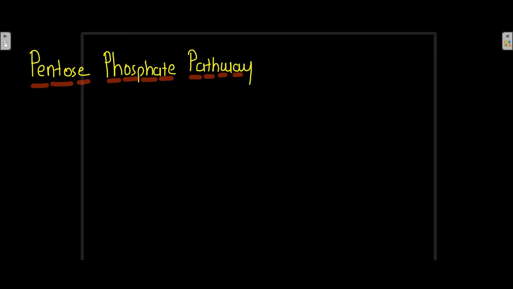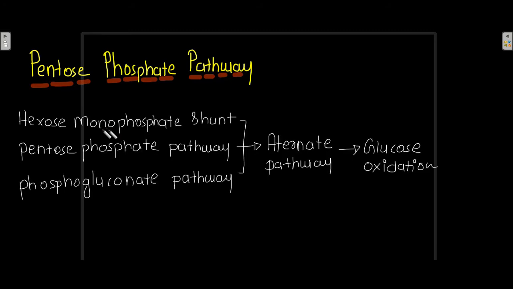Pentose phosphate pathway. This hexose monophosphate shunt, or pentose phosphate pathway, or phosphogluconate pathway, is the alternate pathway for glucose oxidation. These three are the same thing.